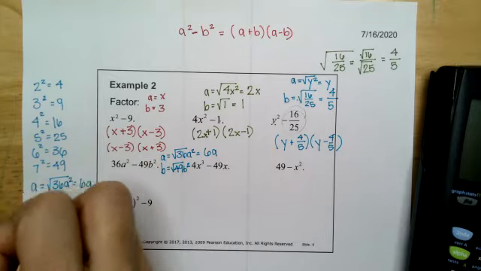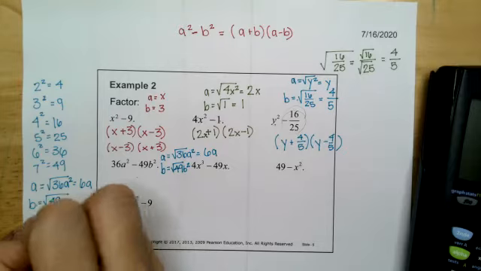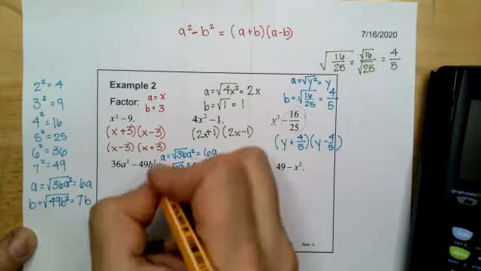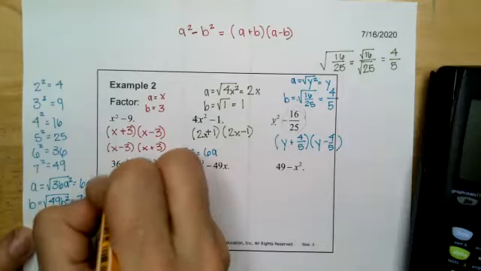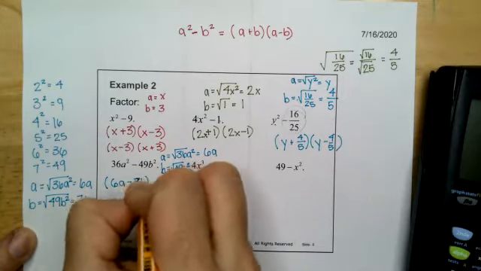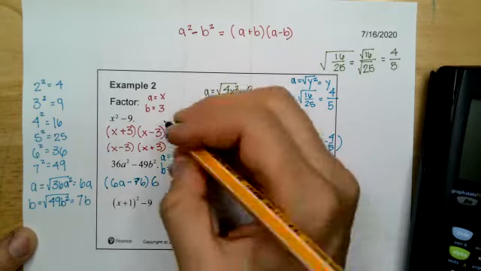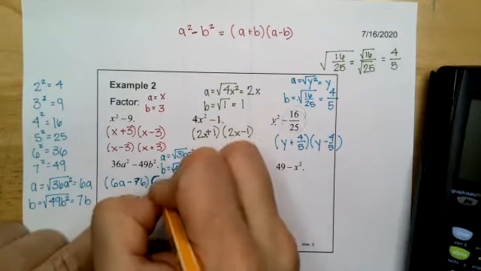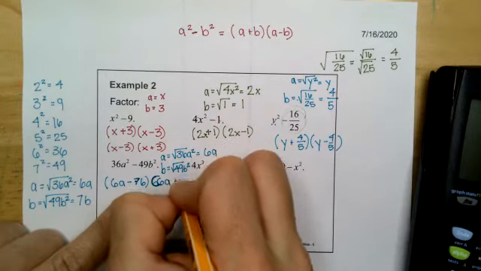B is the square root of 49b squared, which is 7b. So that means we have 6a minus 7b times 6a plus 7b.